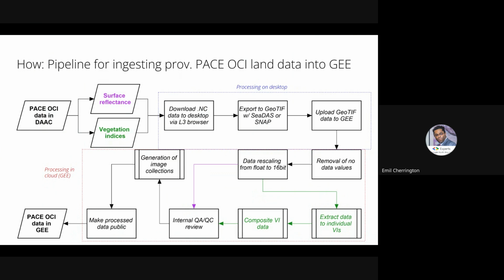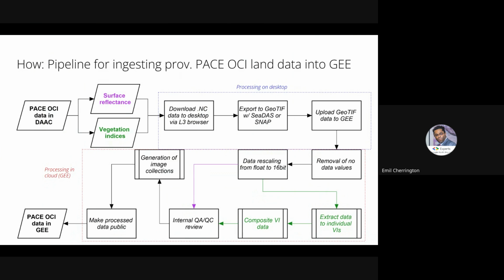It's an engaged process, and in terms of the different products that we're pulling, as you heard from Morgane's, Sky's and Fred's presentations, there are a number of different data sets available for PACE from the Ocean Color Instrument, OCI. However, for this community, we'll largely focus on surface reflectance and vegetation indices.